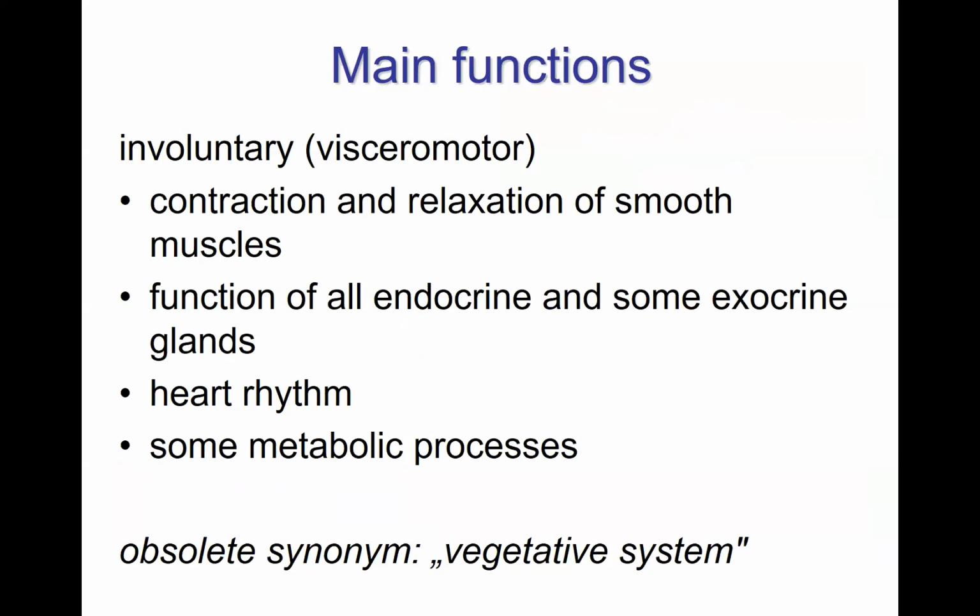And it can even affect some metabolic processes like lipolysis, that means degradation of the adipose tissue, or glycogenolysis in the liver and so on. So these are the main functions.